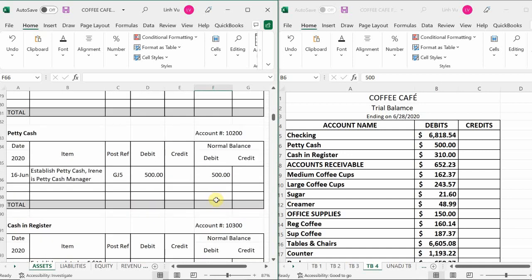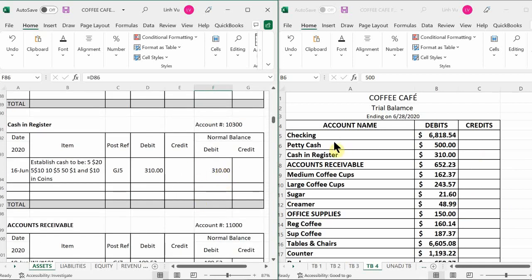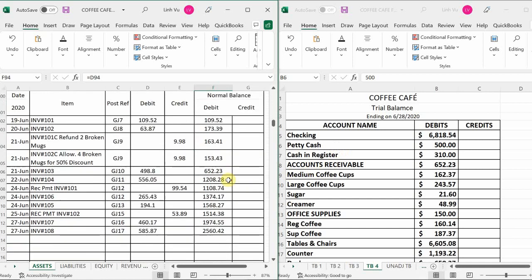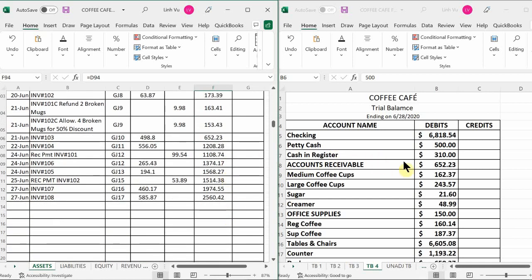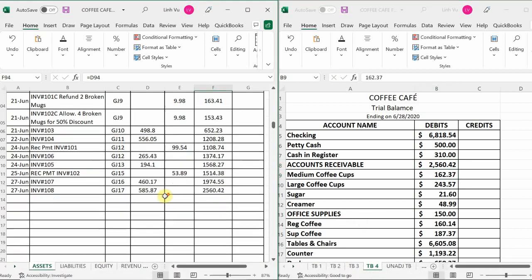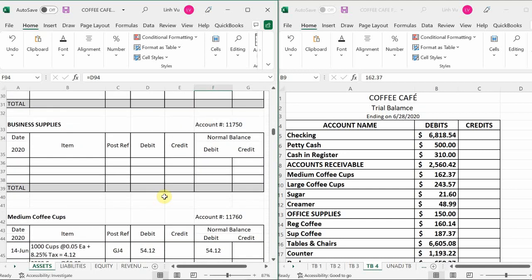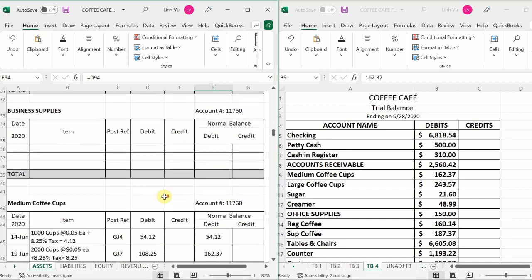What about petty cash? Petty cash is still at 500. Cash in register is still at 310. What about accounts receivable? $25, $60, $42. Okay. All right. No allowance for doubtful accounts yet. Let's see what's next here. Business supplies.